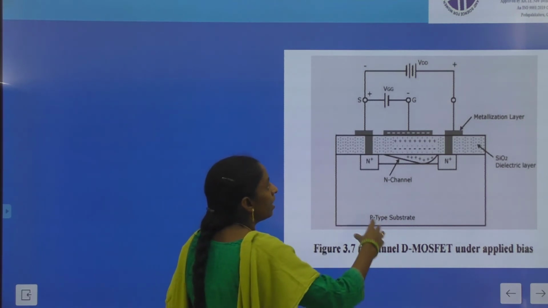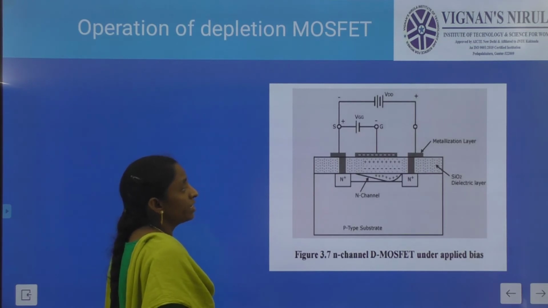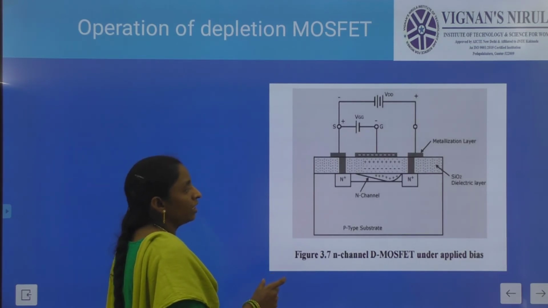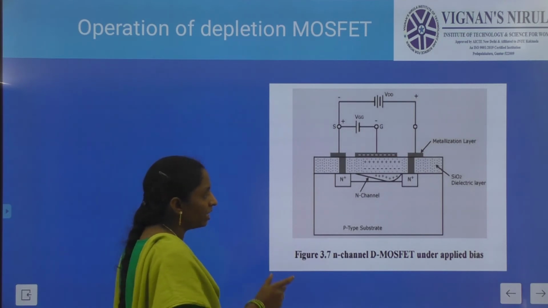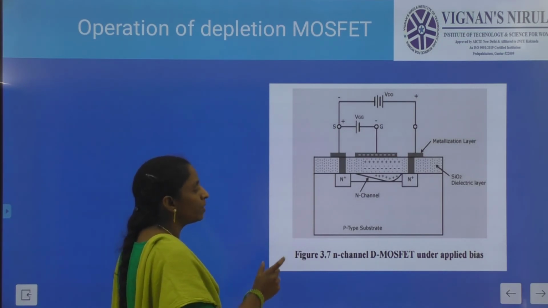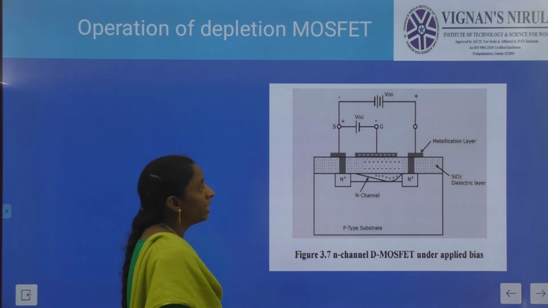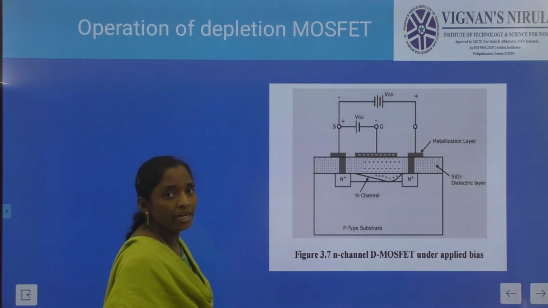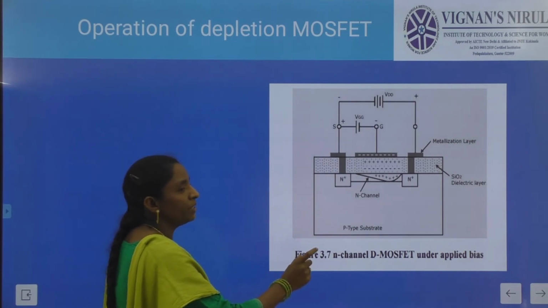So due to the increase of negative voltage at the gate, at the source side it creates forward bias, so the channel will disappear, and at the drain side it creates reverse bias, so the depletion region width is increasing.